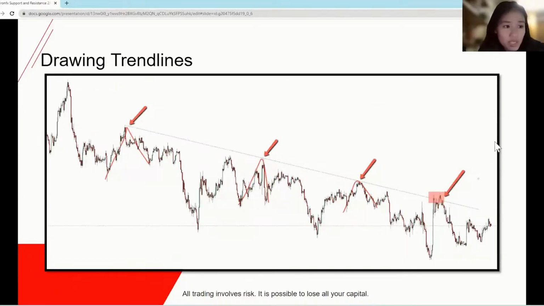But you can see over here that price is playing the reaction off of the 4th touch. So it's breaking out of this descending trend line.